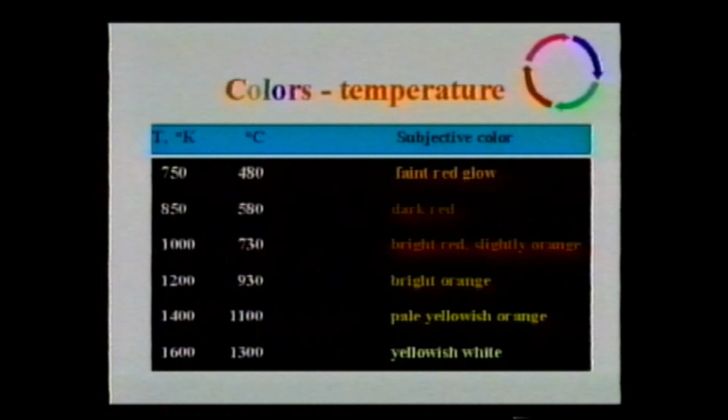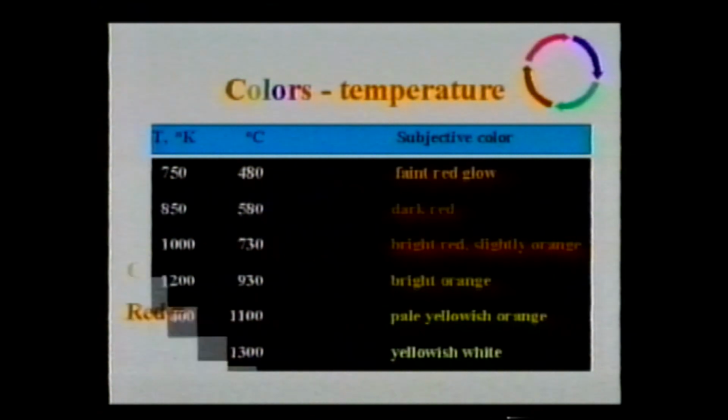As you can see from this table, at about 500 degrees C, you generate a faint red glow, and that red gets to be orange, yellow, and finally perhaps white as the temperature increases to around 1300 to 1500 degrees C. It was only with the advent of chemical science in the last 200 years or so that we were able to expand on these colors and go beyond just the temperature generation to generation of colors due to elements.